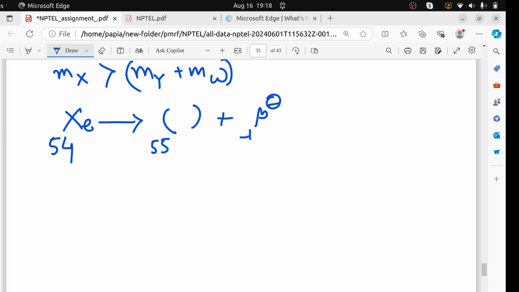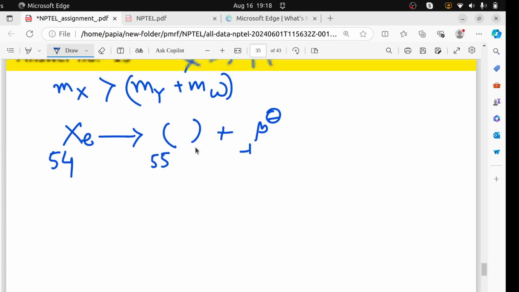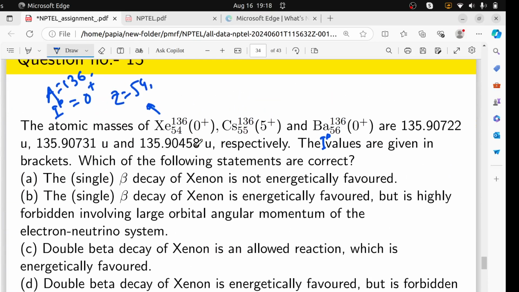So to conserve the Z value, whatever this particle will be, that should have Z value 55. Okay? So now coming to the Z value 55. Which one is Z value 55?